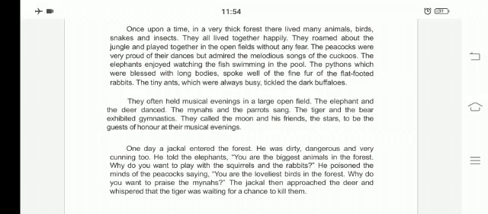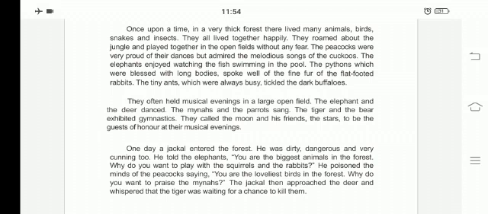And the tiny ants, which were always busy, tickled the dark buffaloes. Tickled means to produce an uncomfortable feeling in a part of our body. Normally, if an ant bites us, we feel some type of pain or itching. In the same way, the ants used to tickle the dark buffaloes.